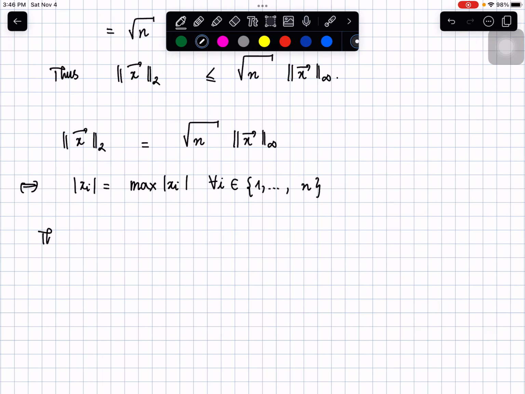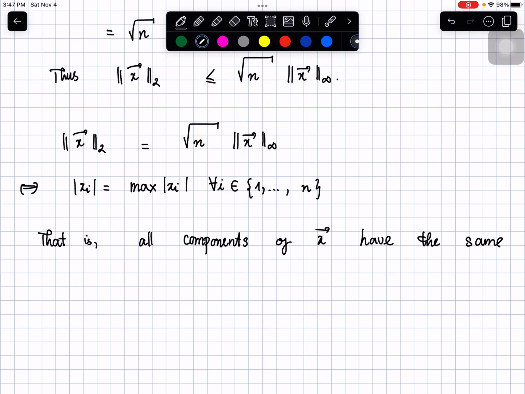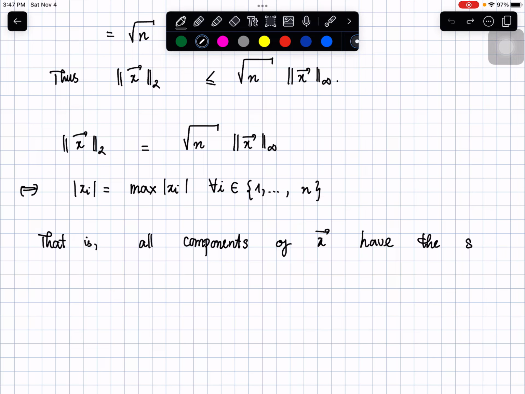So that means that all components of vector x are the same, or have equal absolute values.